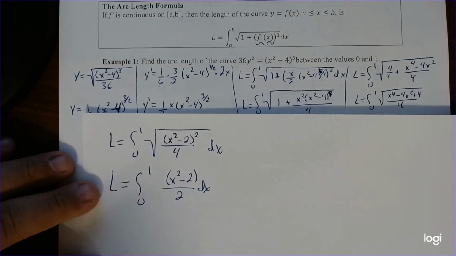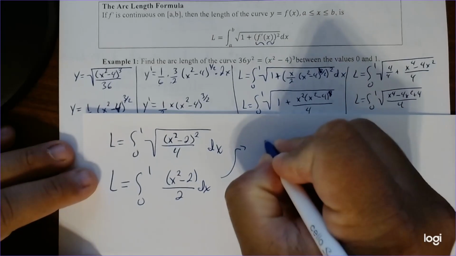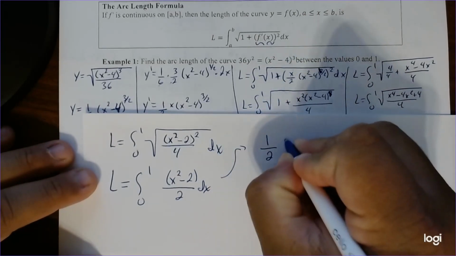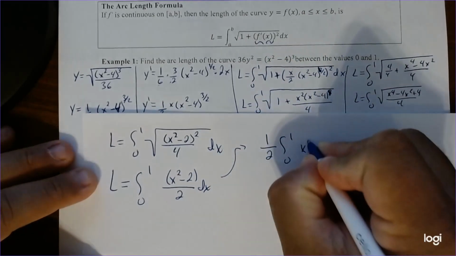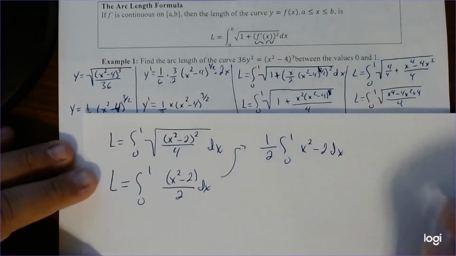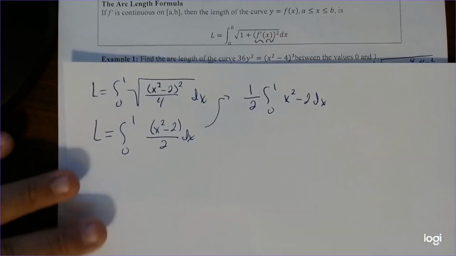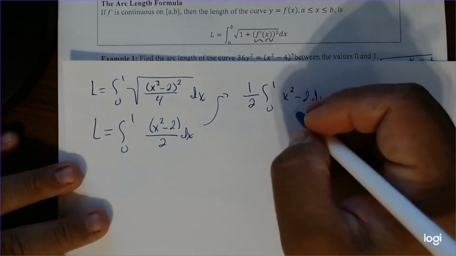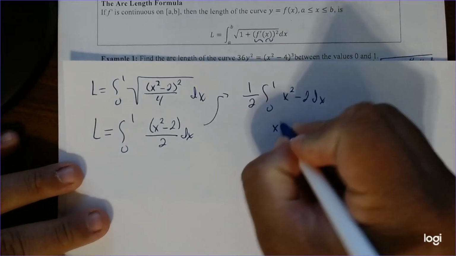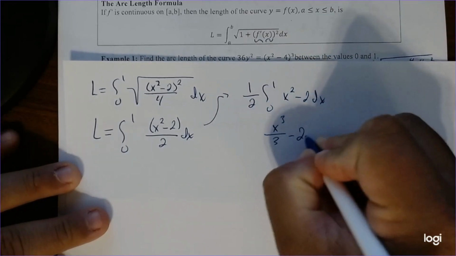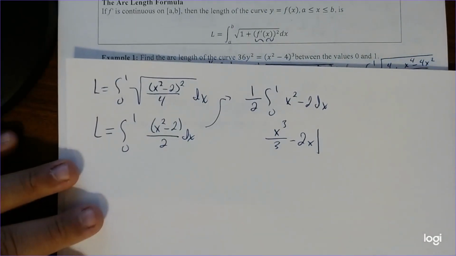Okay. So again, make it look a little nicer because we'll have 1/2 integral of just x squared minus 2 dx. And notice, oh, so much easier, right? So take the integral, we're going to have here x to the 3rd over 3 minus 2x, right?